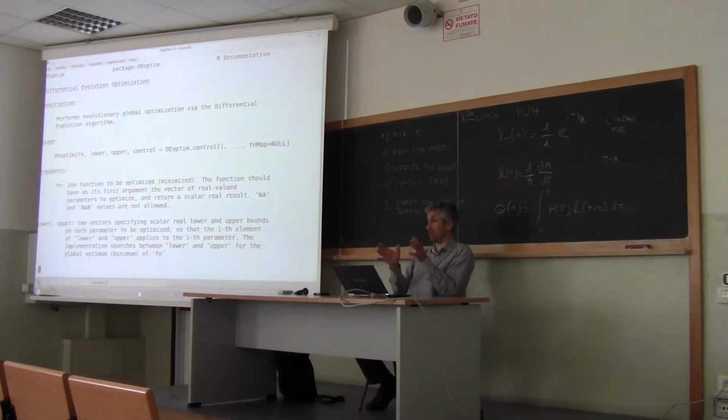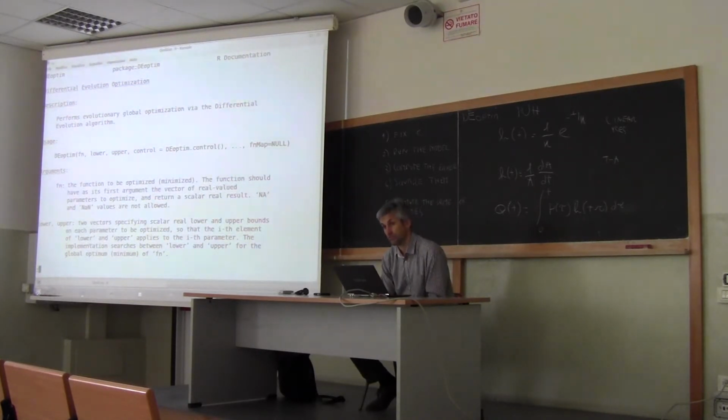So I have to write a function in R which is to be optimized, and this function should contain as first argument the vector of the parameters. This is what I have to do now.